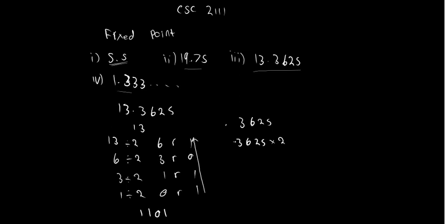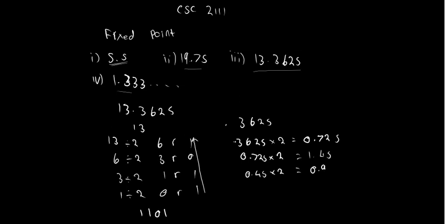0.3625 times 2 is going to be 0.725. We maintain our 0 there. Then 0.725 times 2 is 1.45. 0.45 times 2 is equal to 0.9, right?